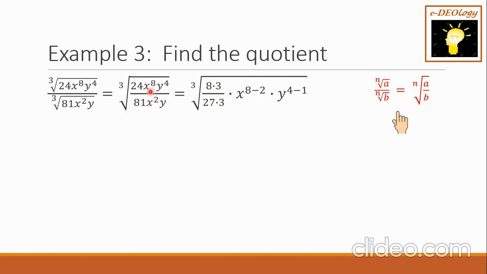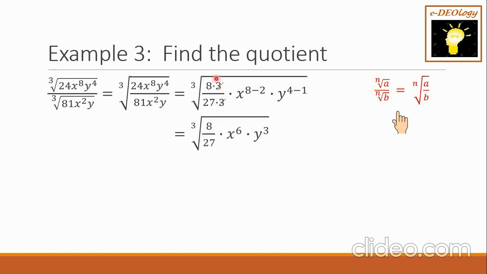For the x, with power 8 in the numerator and power 2 in the denominator, we can show that this is x raised to the difference of 8 minus 2. And then times the variable y raised to 4 minus 1. So in here, the exponent in the numerator is 4, and in the denominator for the y, the exponent is 1.